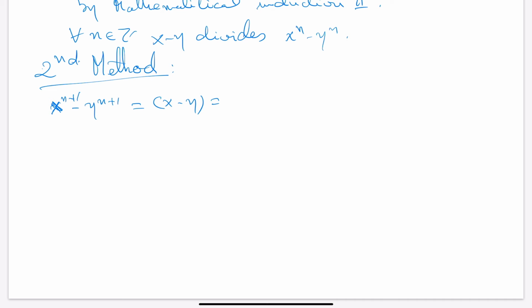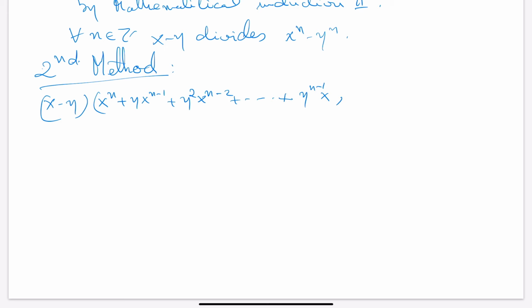Okay, let me show you something. So if you factorize this one, you can start here. Let's go: x minus y times x to the n plus y x to the n minus 1 plus y square x to the n minus 2, and so on, until you reach y to the n minus 1 times x, and the next one will be y to the n.